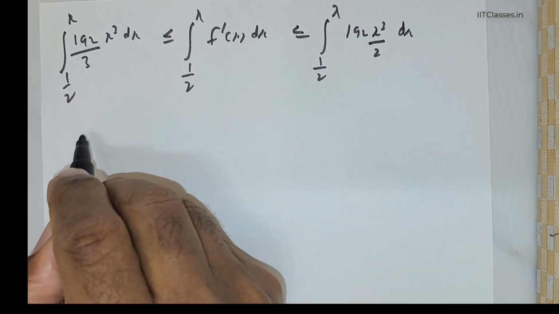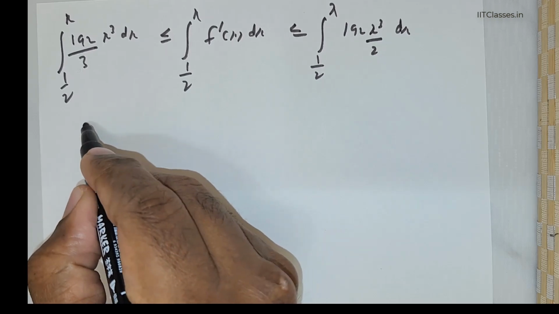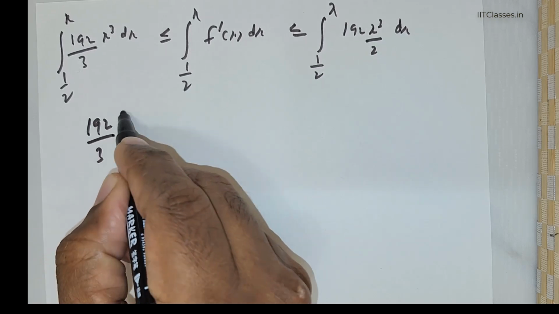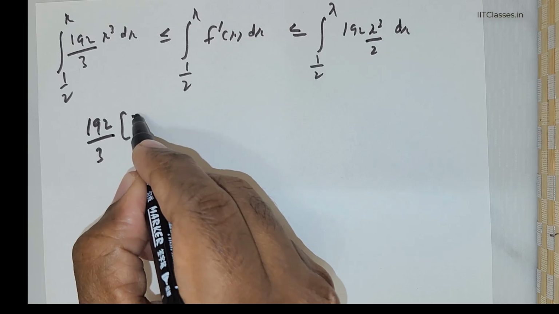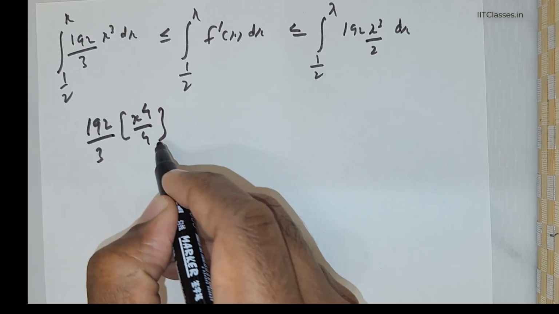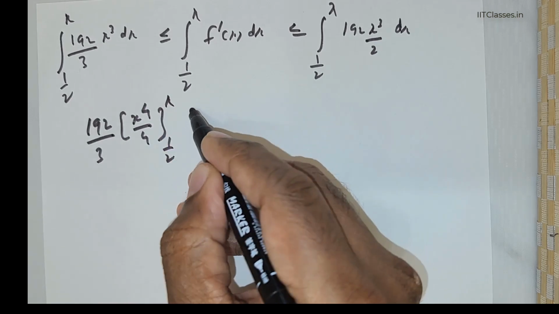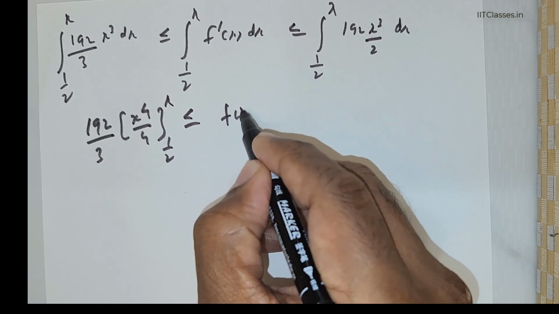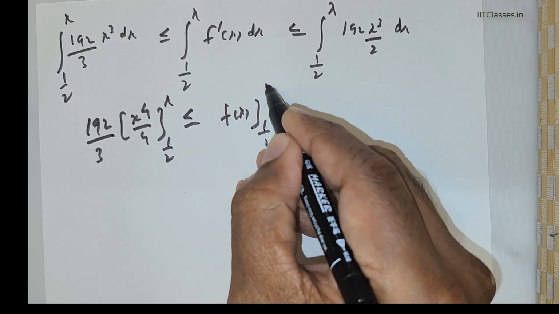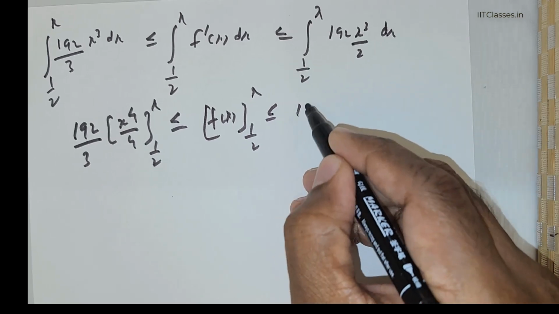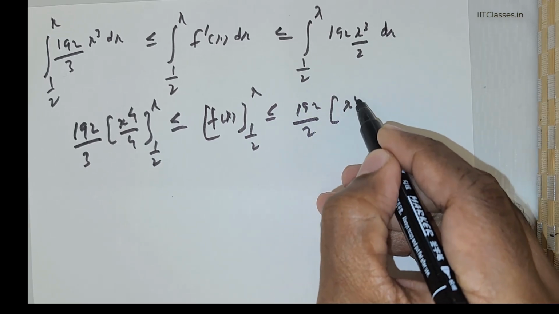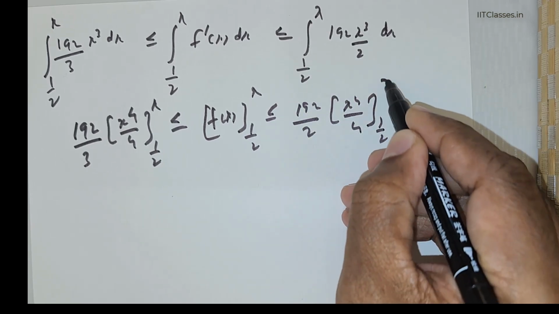So we can integrate this. This is going to produce 192 over 3 x to the power of 4 divided by 4, with limits 1 over 2 to x, less than or equal to, I integrate this, I get f of x, with limits 1 over 2 to x, less than or equal to, I integrate this, I get 192 over 2 x to the power of 4 over 4, with limits 1 over 2 to x.